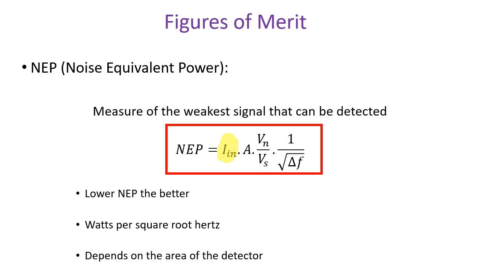But if I want to compare material, the noise equivalent power is not a good measure because it depends clearly on the area itself, right? So one has to be very judicious in choosing what figure of merit and understand in what context that is used. But it is giving you a measure of the noise equivalent power.